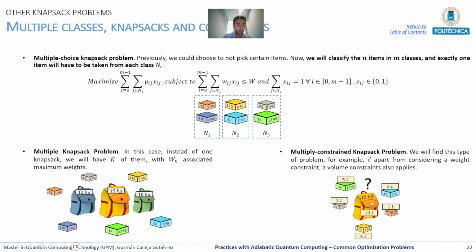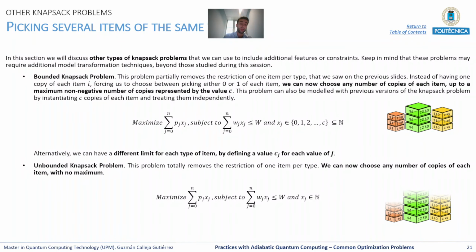This is why we have here the volume of each of them in liters. So we get another dimension of those weight constraints. Many of those start adding additional constraints. There are other ones that are not adding additional constraints to the model, but are changing the variables that we are talking about.